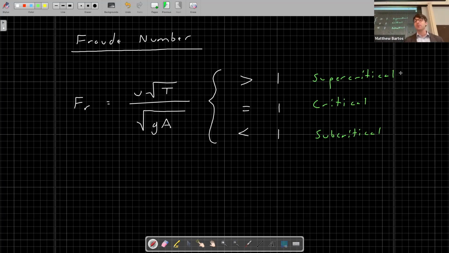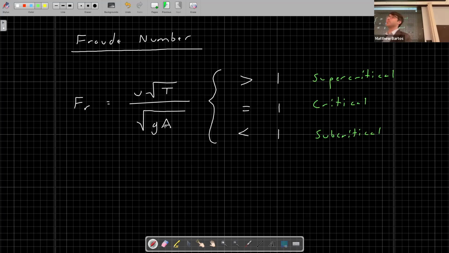If you have trouble remembering which is which, so you may forget whether greater than 1 is supercritical or less than 1 is subcritical, what I'd recommend is looking at the terms in the Froude number. You have the velocity in the numerator and the area, which is tied to the depth, in the denominator.